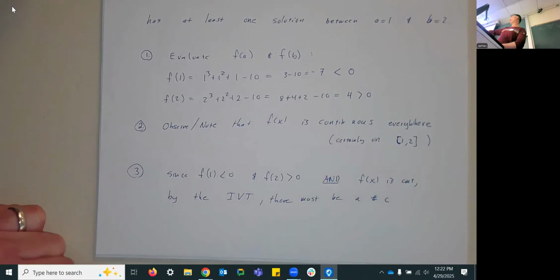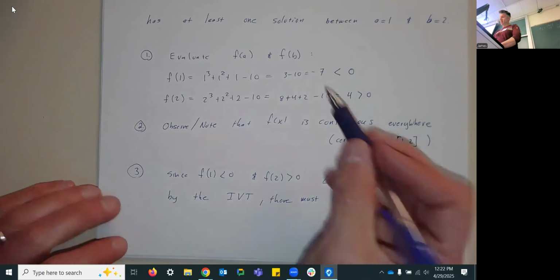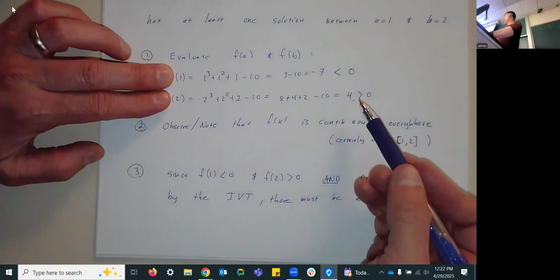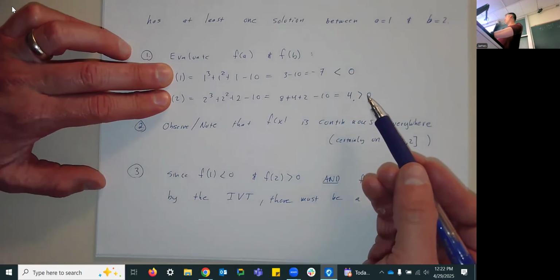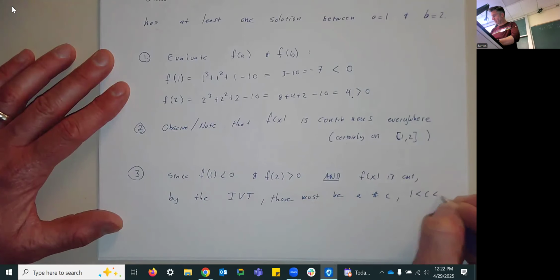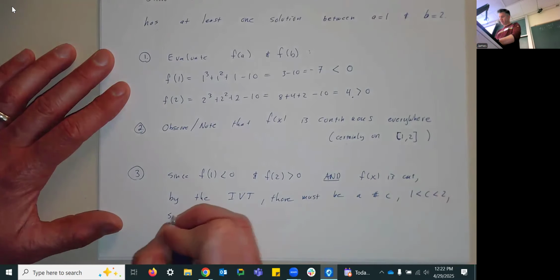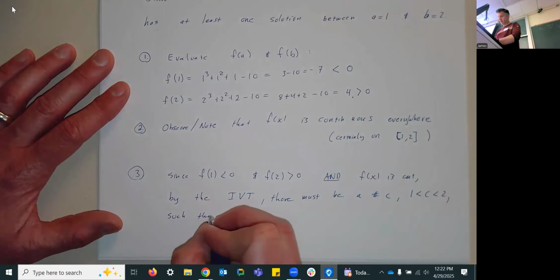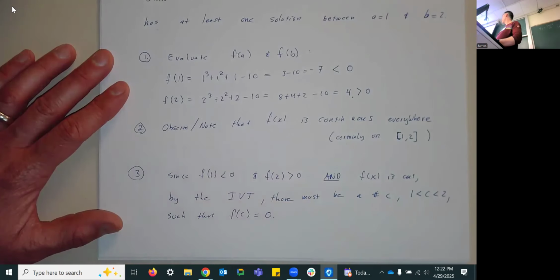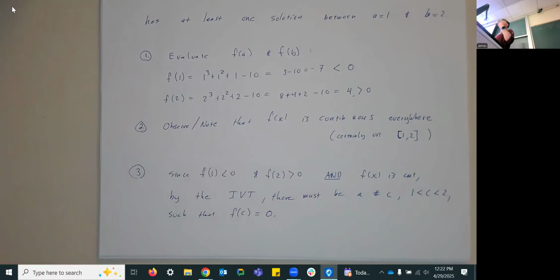The output is going to live between -7 and +4, but the input has to live between these two inputs, so it's going to live between 1 and 2. So there's got to be a number C. I usually write 1 less than C less than 2, such that f of C is equal to 0. If you go from negative to positive, you have to hit every number in between, and 0 is certainly one of those numbers.